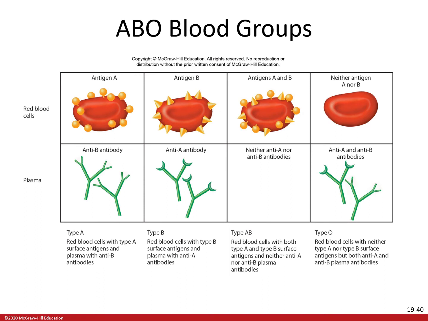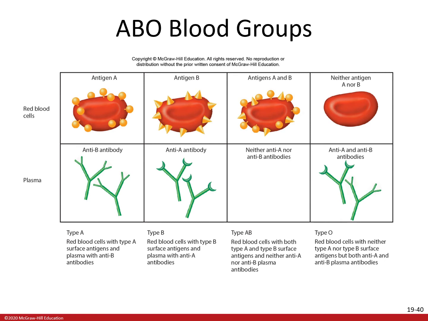But you will notice in this lovely little graphic here that the anti-A antibodies would be able to fit on the antigen A studs, while the anti-B antibodies would be able to fit on the antigen B studs. So in the plasma of A, you're going to have a way to make sure that there's no antigen B's able to survive, that those antibodies would take care of that situation.